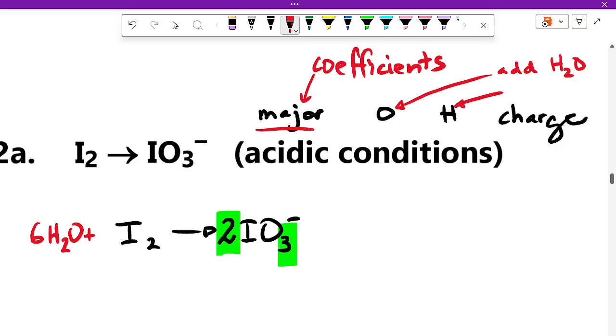We add H plus ions. This is going to make it acidic. Okay, how many hydrogens do we have? We have 6 times 2 is 12 hydrogens. So that means on the right-hand side, we need to add 12 hydrogens.